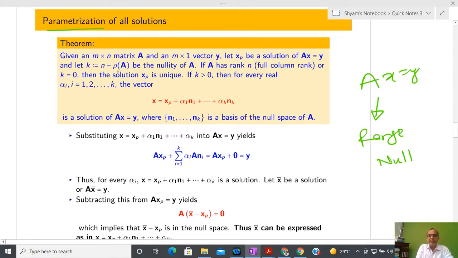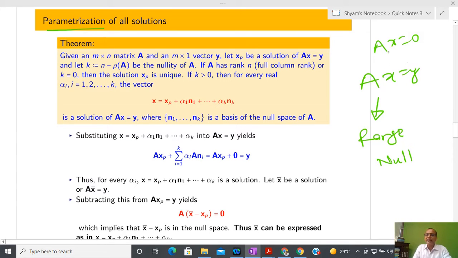Suppose I have Ax equals Y and the nullity is K. Nullity K means that in the null space I have K independent vectors. Does anyone have confusion on this? Nullity is just telling that K independent vectors can produce Ax equals 0. Now whenever you have to solve Ax equals Y, you can solve Ax equals 0, and after that you can shift it to Ax equals Y. That is the meaning of shifting.